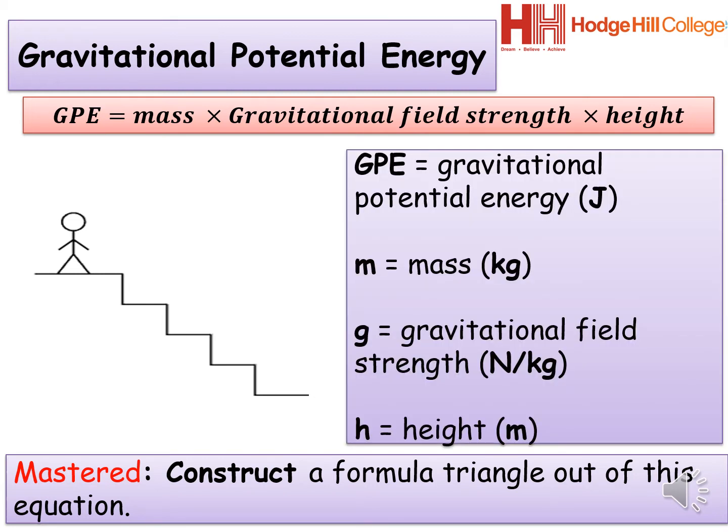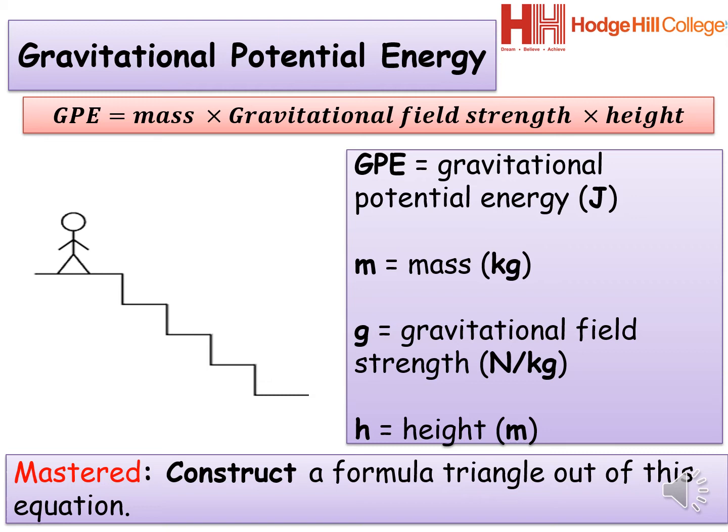Okay, so as I said, GPE is gravitational potential energy and it is given the units of capital J for joules. Mass is given the symbol of lowercase m and we're looking at units of kilograms or kg. Gravitational field strength essentially means the strength of gravity. We give it the symbol of g and it has the unit of newtons per kilogram.